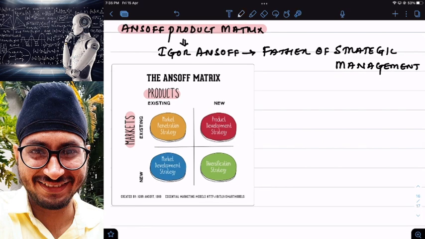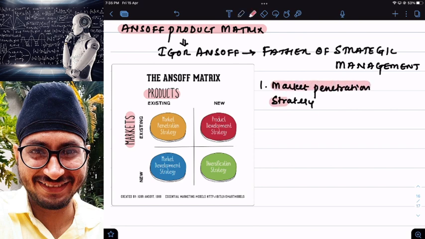First strategy we have here is market penetration strategy. In this strategy, what is going to happen?